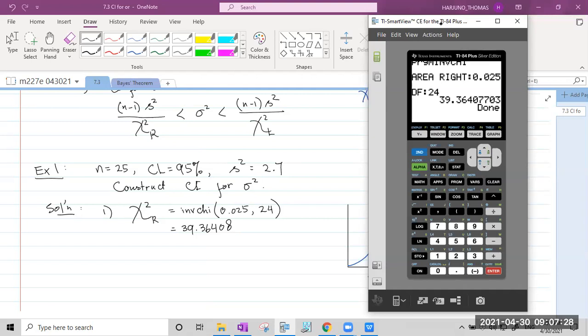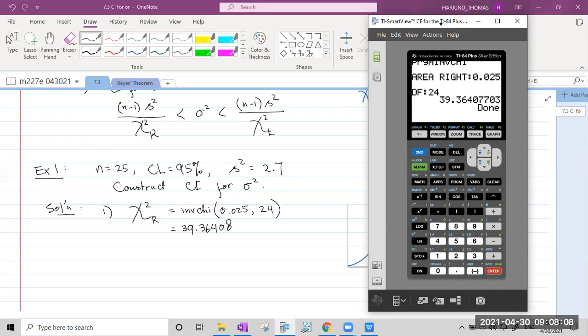Now, if you use a handheld calculator instead of my emulator, then it may take around 15 to 20 seconds to get this 39.364. Because I use a computer, it runs faster. But if you use a handheld calculator, your calculator may need some time to compute that. It actually depends on the degree of freedom, though. As far as I know, the higher the degree of freedom, the longer it will take.